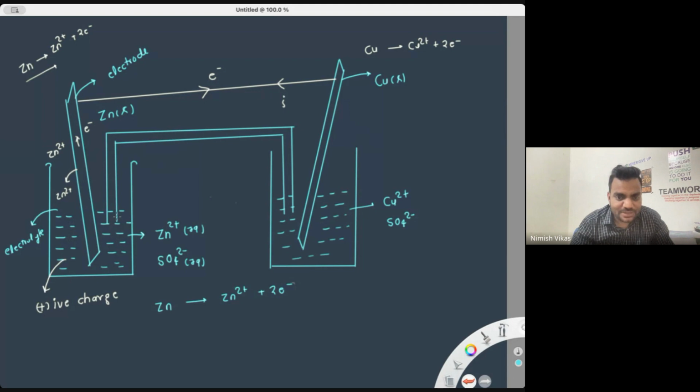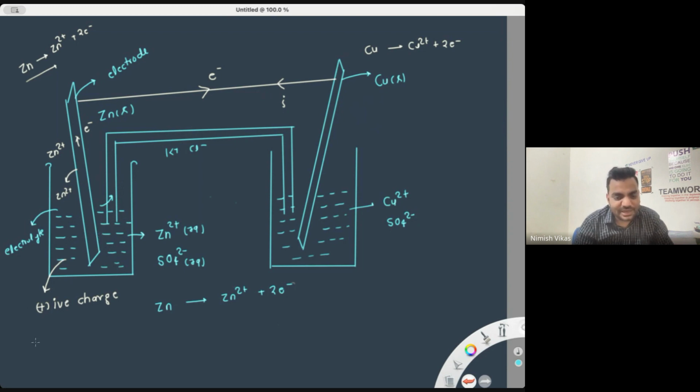As soon as this solution becomes positively charged, it will attract the negative charge ion from the salt bridge. So which one is the negatively charged ion in the salt bridge? Cl minus ion. There are two kinds of ion, K plus and Cl minus. It will attract the negative charge ion, Cl minus ion, from the salt bridge. So Cl minus ion will come to the solution.